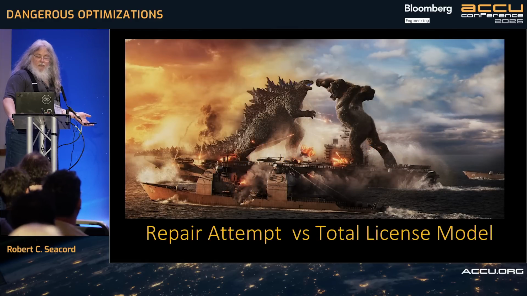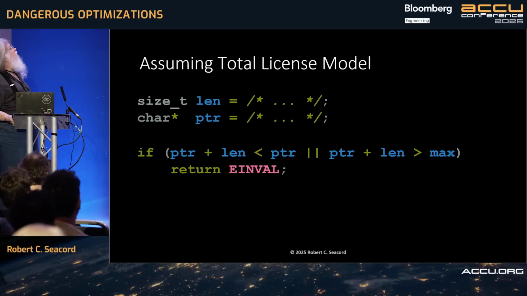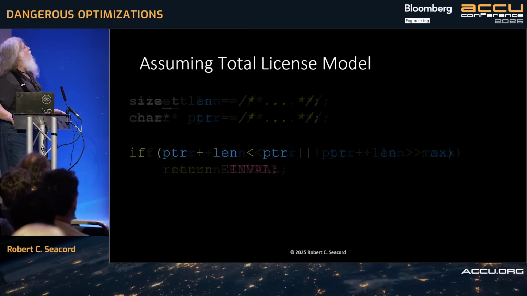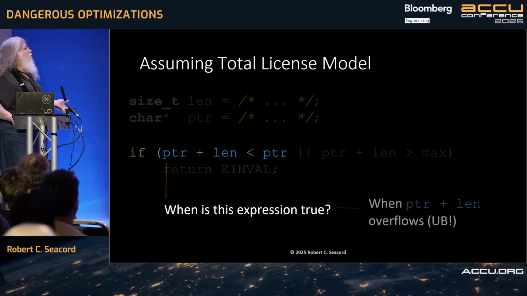So, repairing this versus the total license model. If we assume the total license model here, again, we have the same code: pointer plus len less than pointer. This expression is true when pointer plus len overflows, which again is undefined behavior.